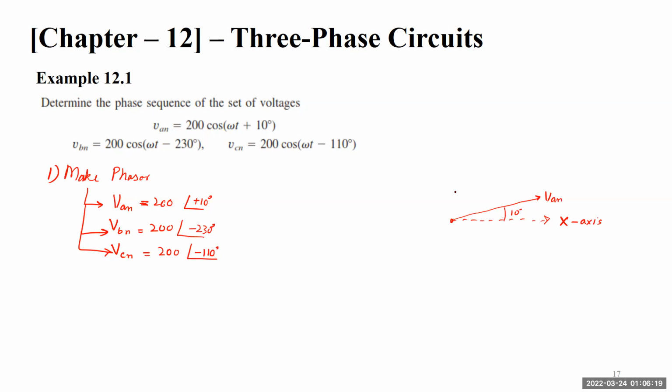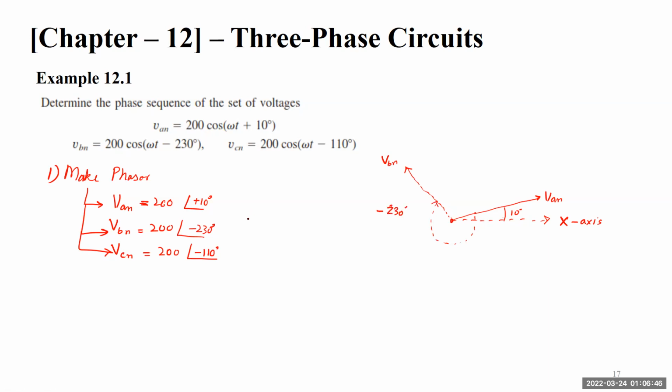Then VBN is minus 230 degrees, so from here to here is minus 230 degrees.